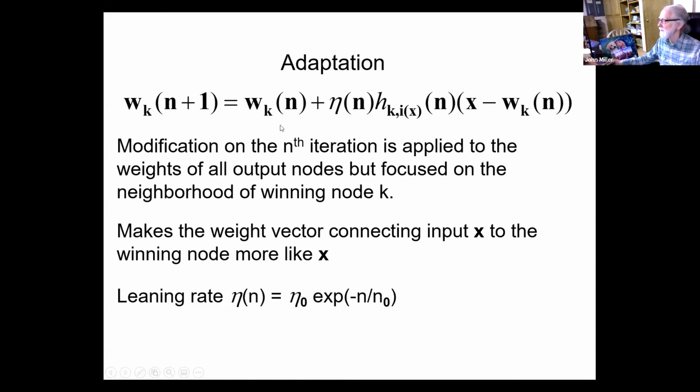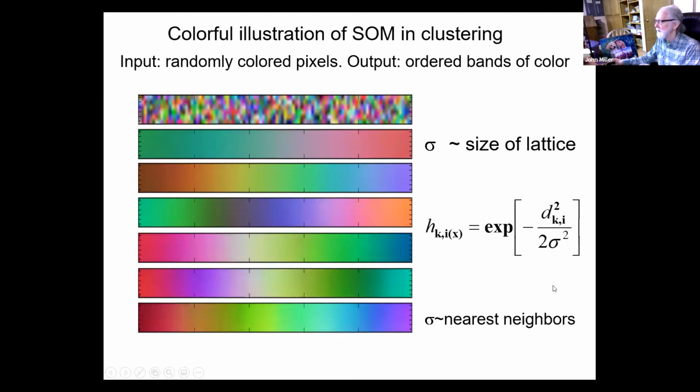So this modification of the weights in the network is focused on our team for winning the competition, and keeps modifying the weights to make them closer to the input vector. And as you can see here, the learning rate also decreases as we proceed in the competition.